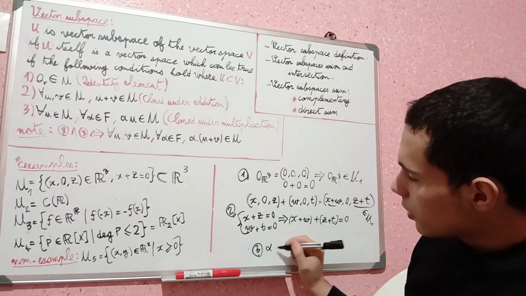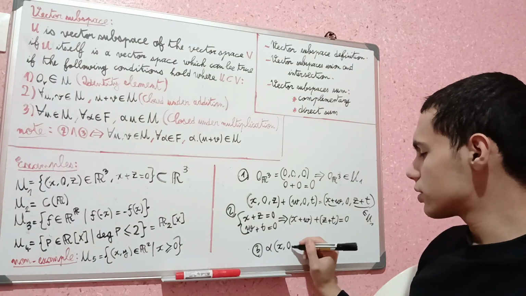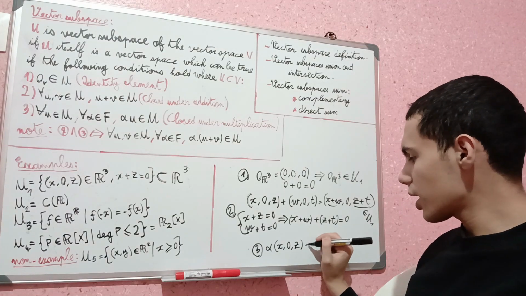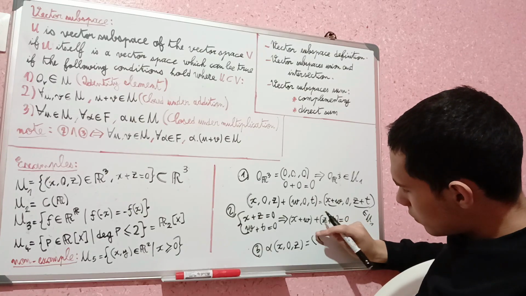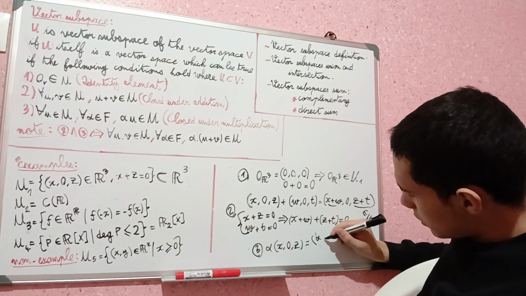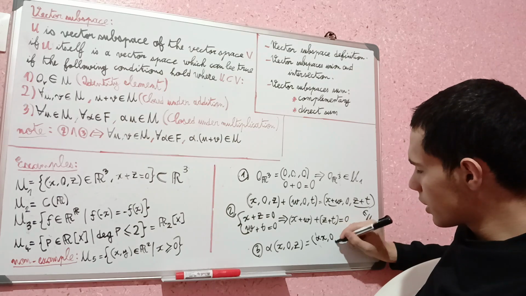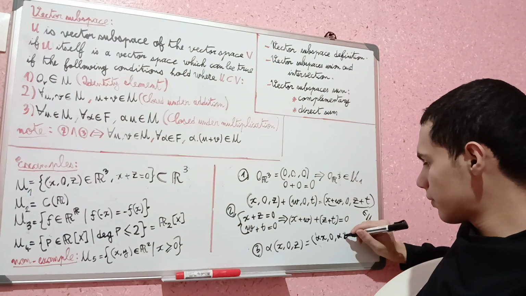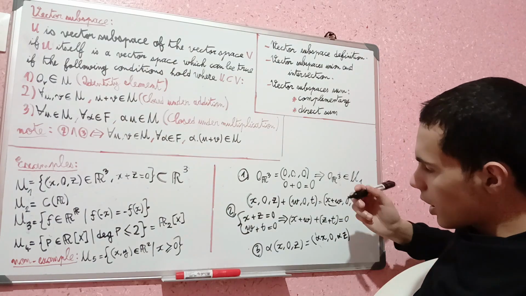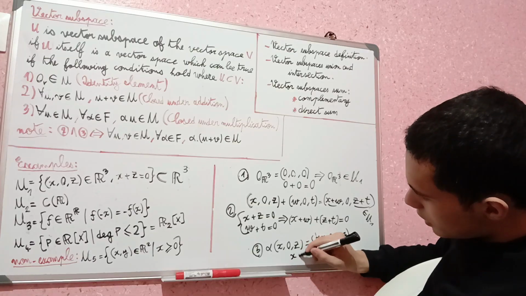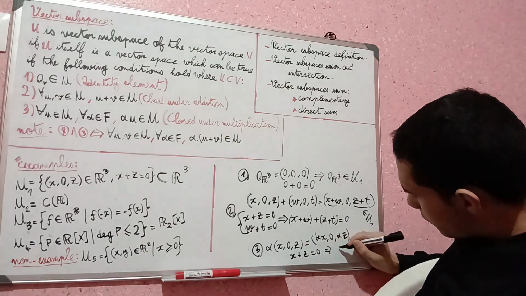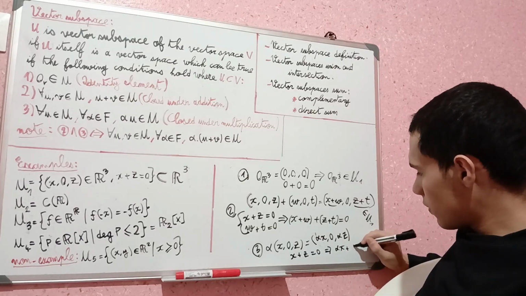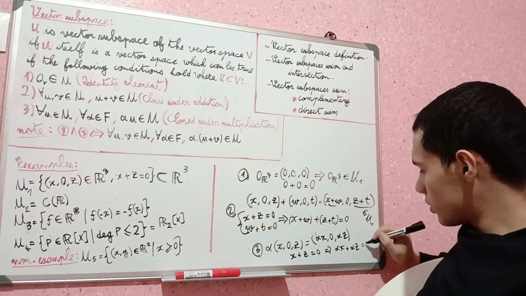We have alpha multiplied by (x, 0, z) equals (alpha x, 0, alpha z), and we know that x plus z equals 0, so alpha x plus alpha z also equals 0.